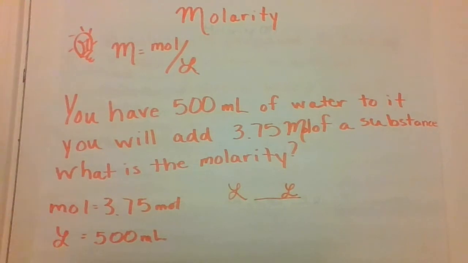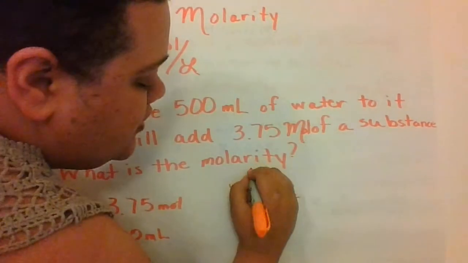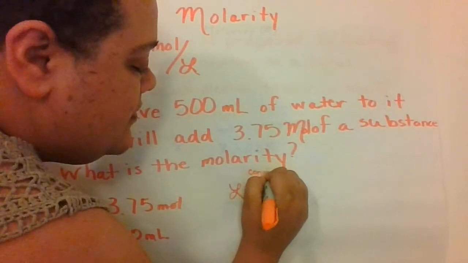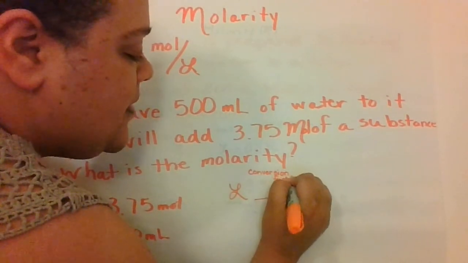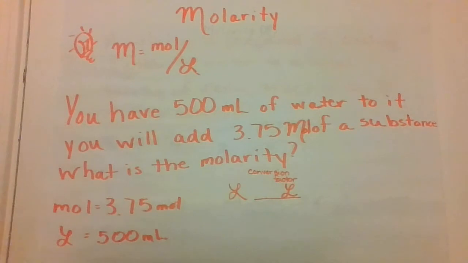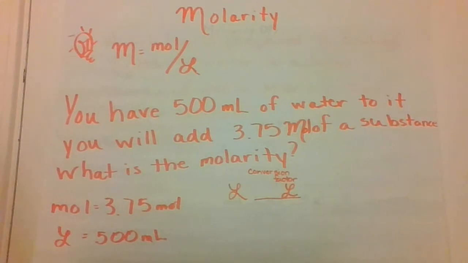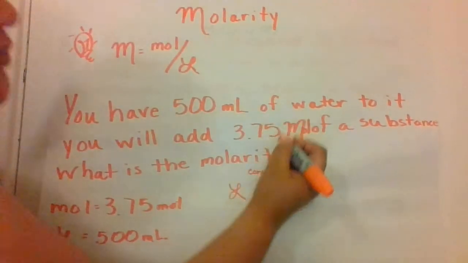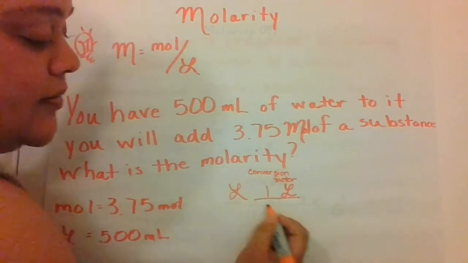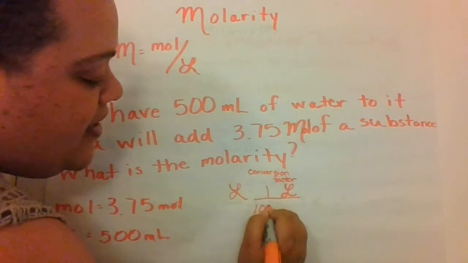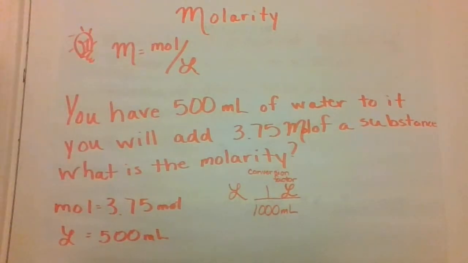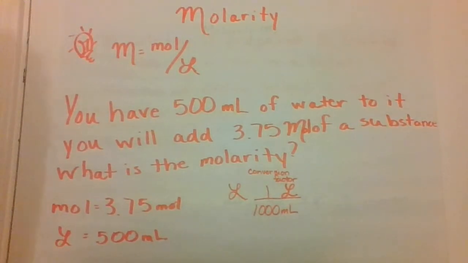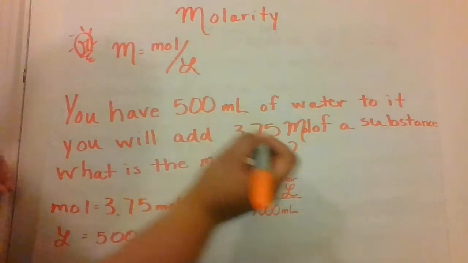So now we're going to use what is called a conversion factor. We need to change milliliters to liters. That conversion factor, we know, is for every 1 liter, we have 1,000 milliliters. And were we given any milliliters in the problem?